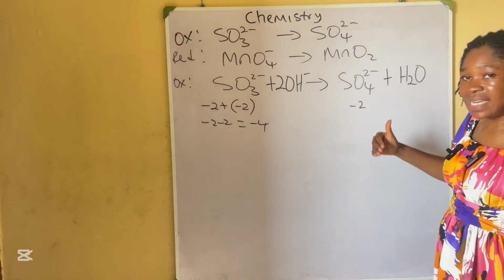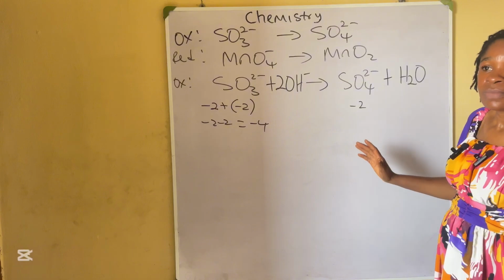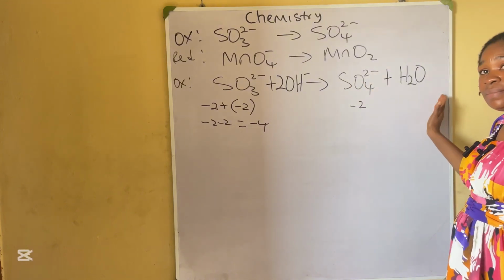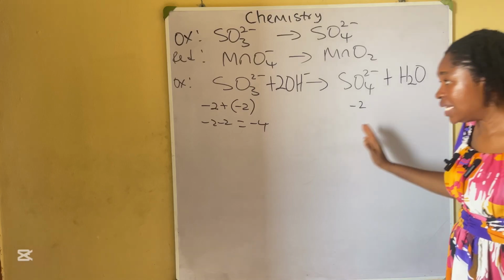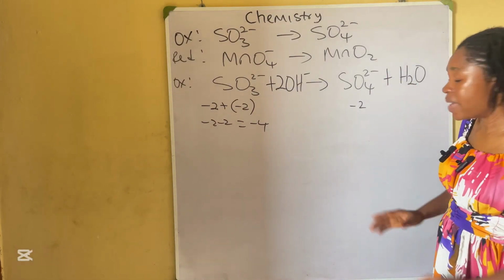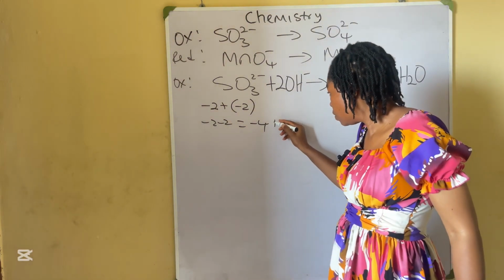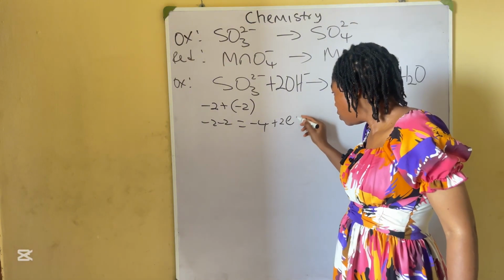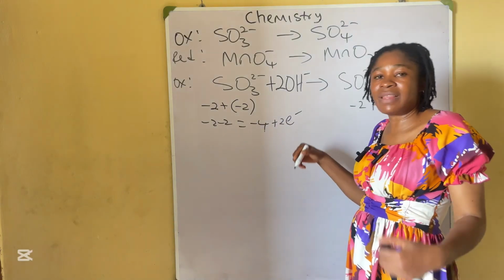So where should I add the electron? Remember, for oxidation, electrons are added to the right-hand side; for reduction, we add the electrons on the left-hand side. Electron is negatively charged. If I add plus 2 here, it will be minus 2 minus 4, and I'll get minus 6.